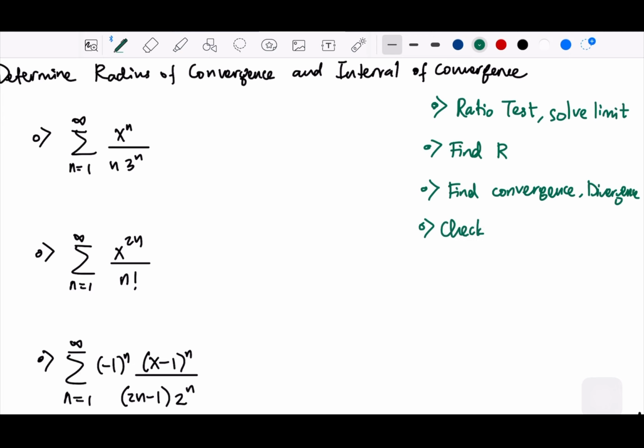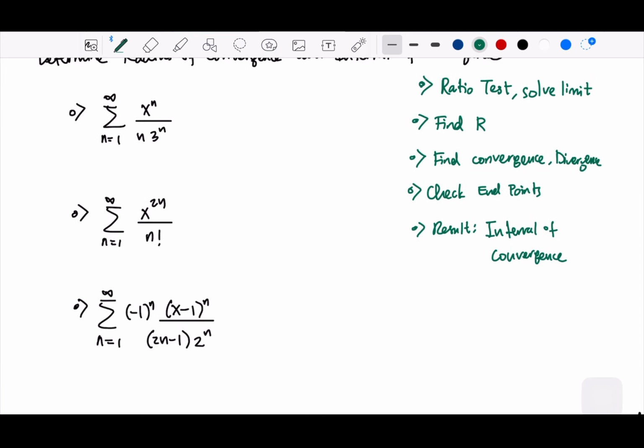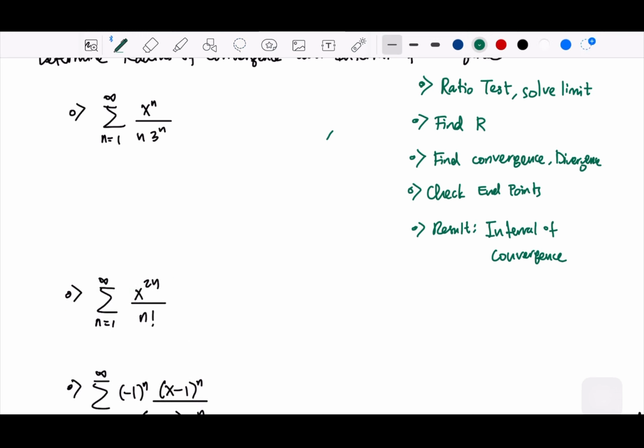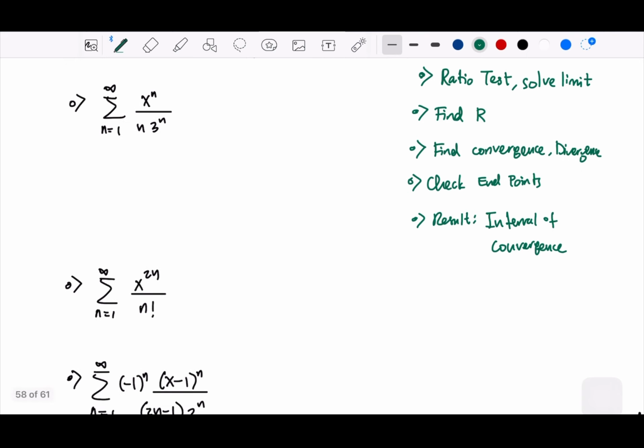Check the endpoints. And then as a result, you get the interval. You could try for a while.